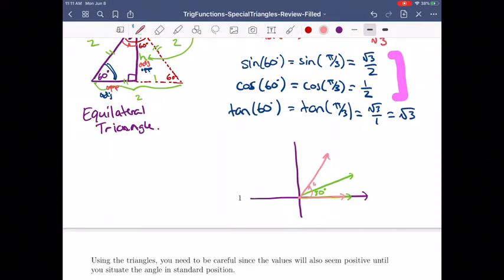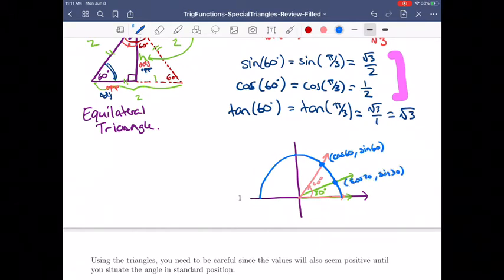So if I think about where they intersect the unit circle, I'm just going to draw sort of half of it. Remember that the coordinates are cos 60, sine 60 for that one, and for this one, it's going to be cos 30, sine 30. So all I need to remember is that root 3 over 2 is bigger than 1/2.